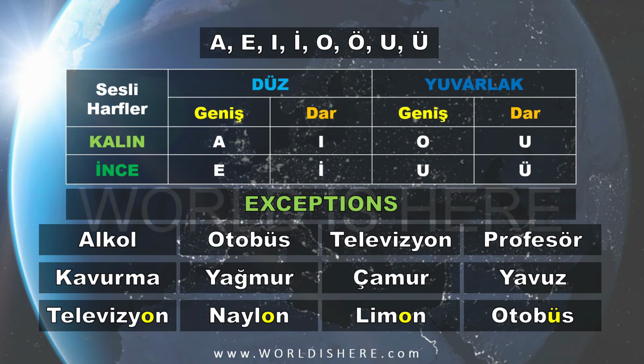Otobüs, so o is the second one here. Or televizyon, o is the last one here, right? So, it happens mostly on the words that we got from other languages, but according to Turkish rule, the Turkish origin words cannot have any o in other syllables at all.